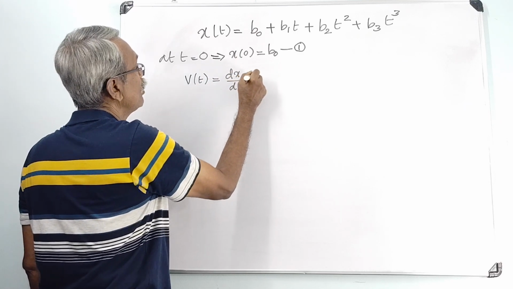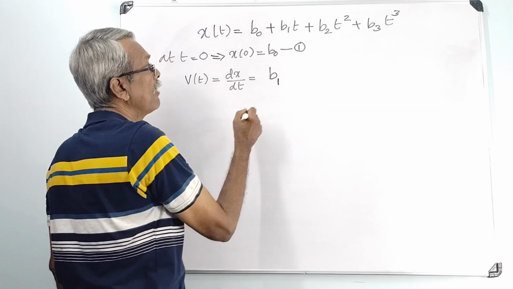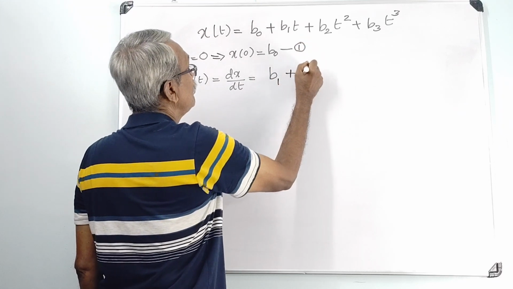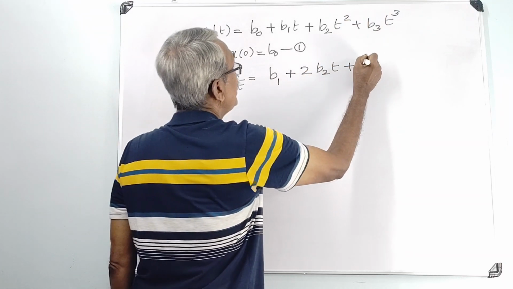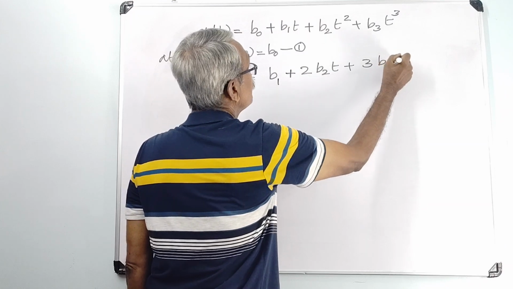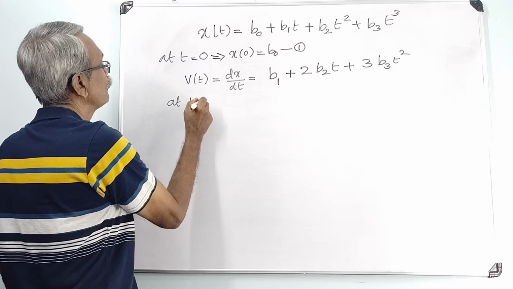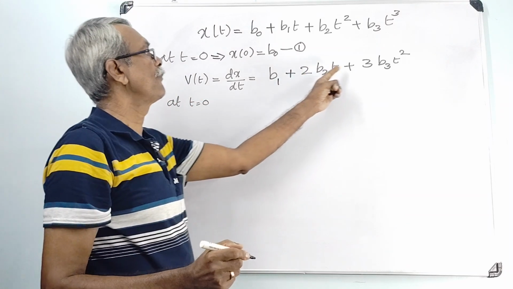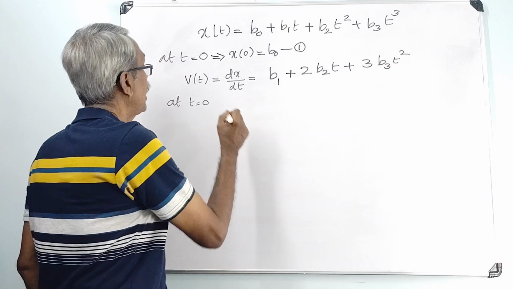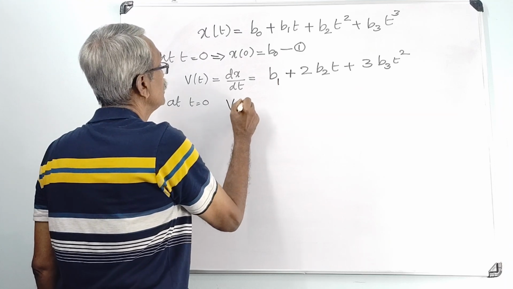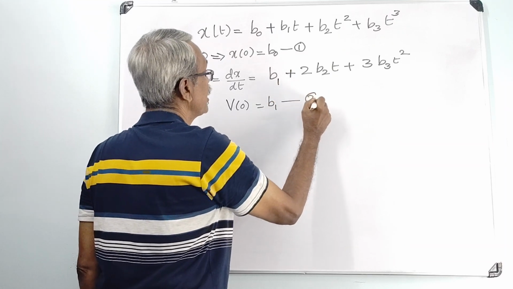If you take the derivative of this, b0 is a constant that will vanish, and b1 t derivative is b1, b2 t square will be 2b2 t, and b3 t cube will be 3b3 t square. Here, if we take t is equal to 0, then the terms involving b2 and b3 will vanish, and b1 alone survives, and we can write v0 is equal to b1. We have extracted the second coefficient.